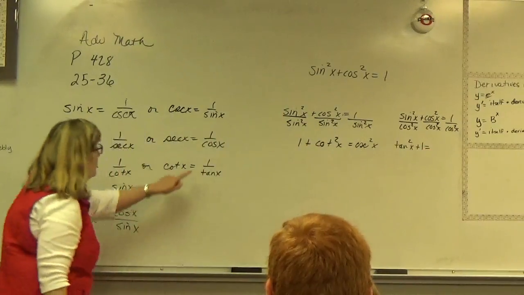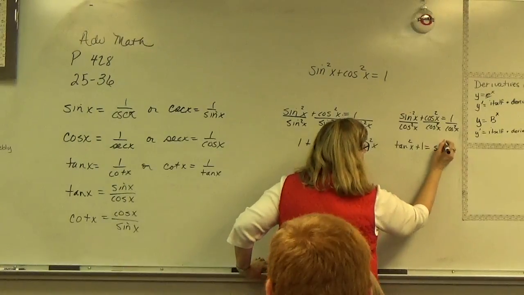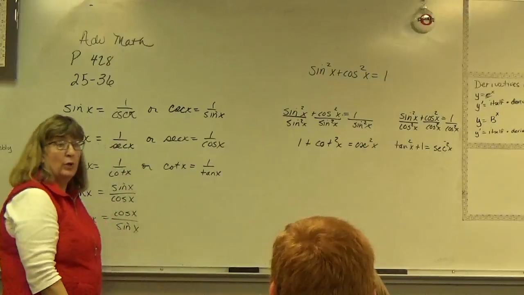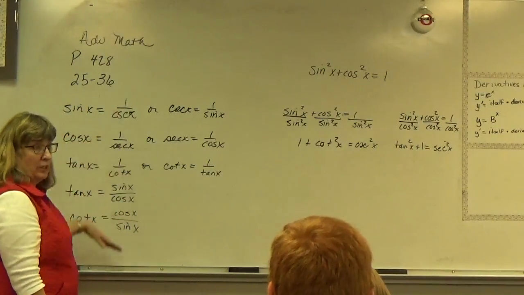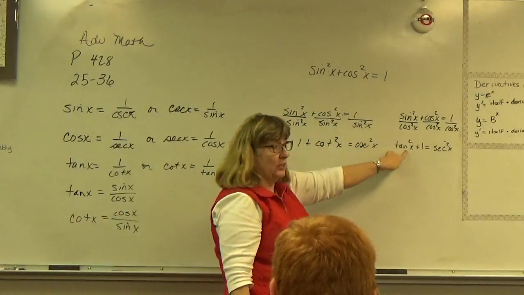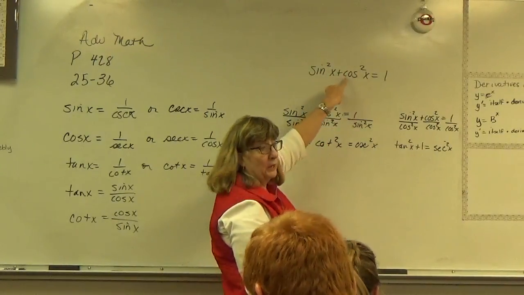What's 1 over cosine squared? Secant squared. Now look on your sheet there. Isn't that one of them? So we have now named all 8 identities. The 5 you should already know, plus the 1, 2, 3 that you call the Pythagorean ones. And you can find them all from this main one.